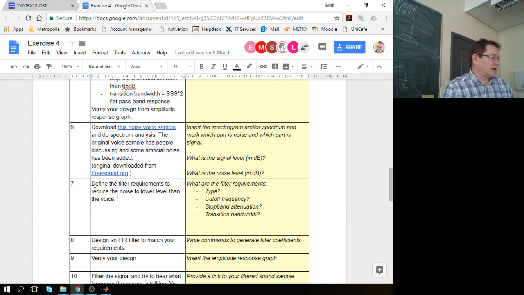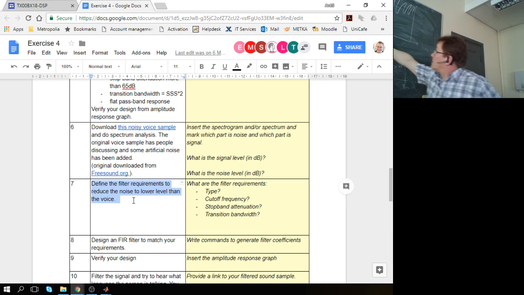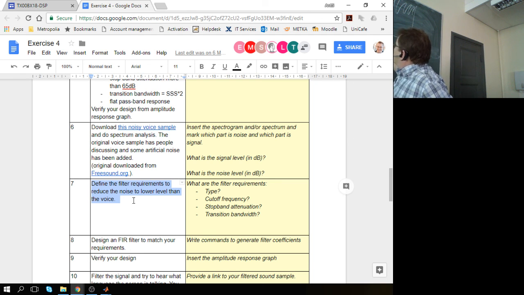What else? Define the filter requirements to reduce the noise. That's basically from the graphics. You have the spectrum. How much do you need to attenuate the stop band? How much allowance do you have for the pass band? So basically, what is your transition bandwidth requirement?